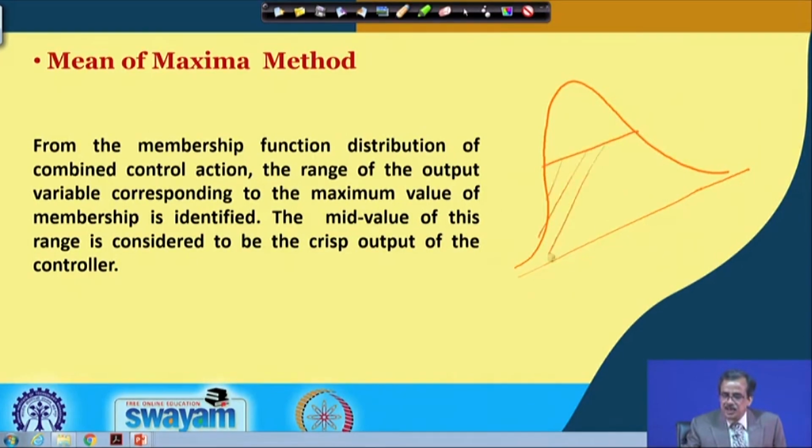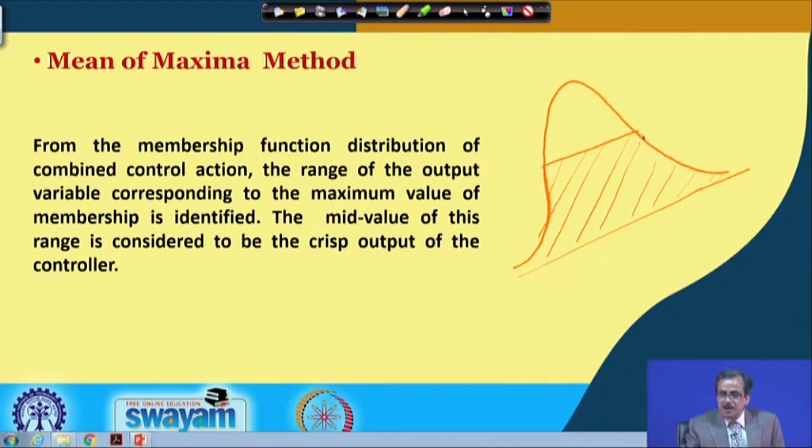What you will have to do is find out this particular area, and if you want to find the area of the shaded portion, there is no way out but to take the help of integration, because this is a nonlinear one.